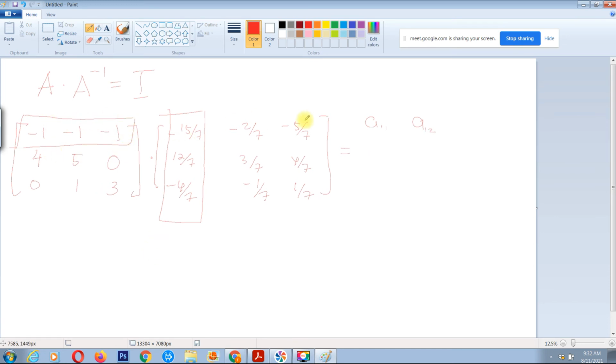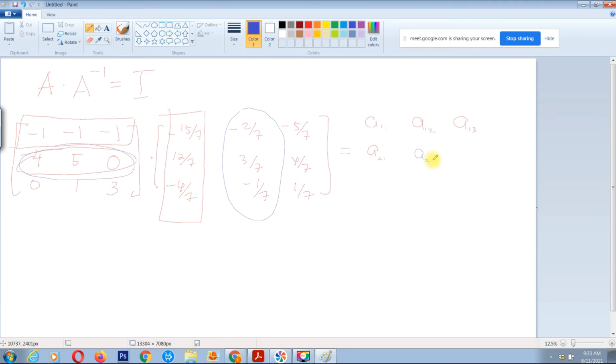First row, third column, you will get A13. Second row, first column, you will get A21.